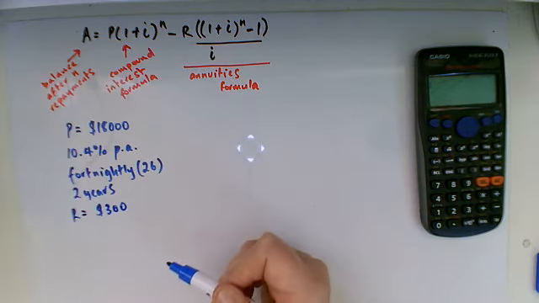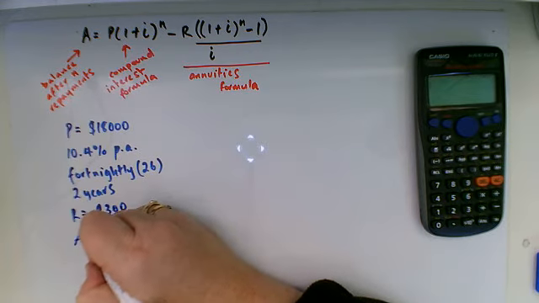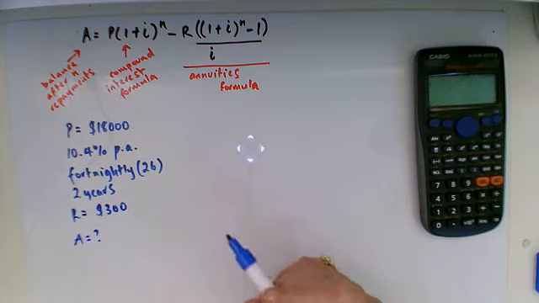Okay, and it is asking us to find the balance of that loan, so we need to find A after 2 years.